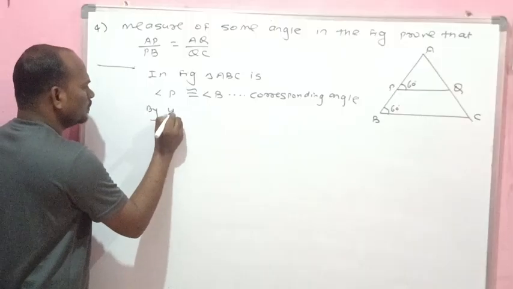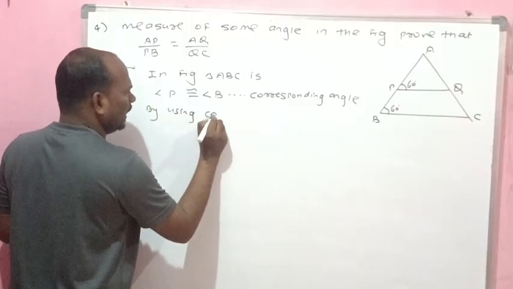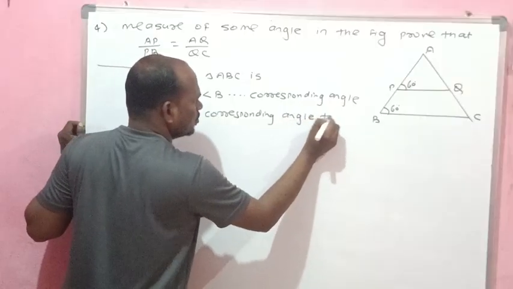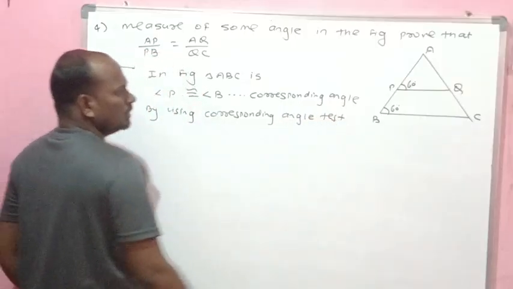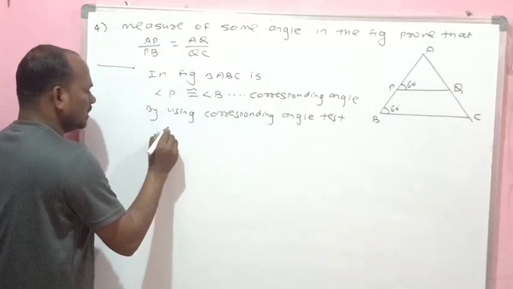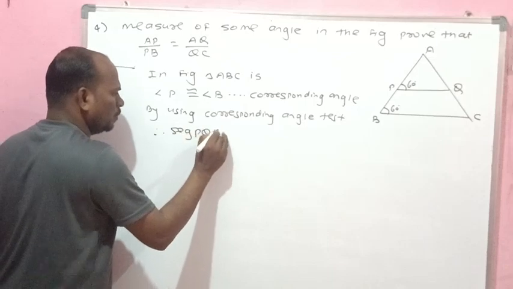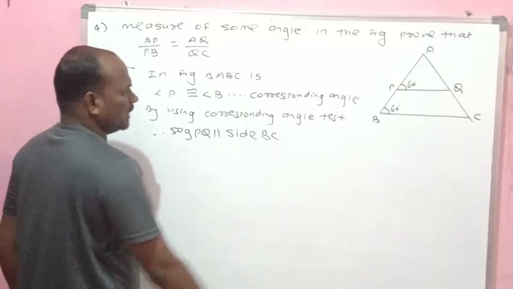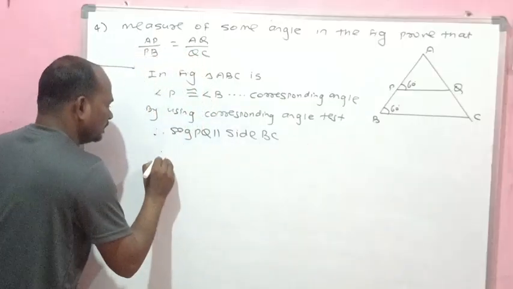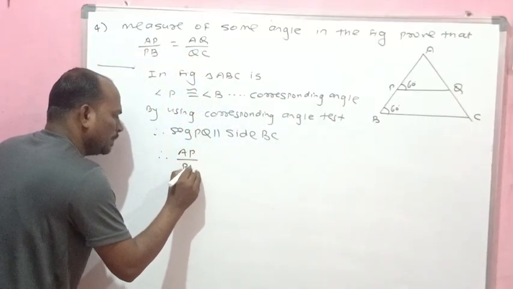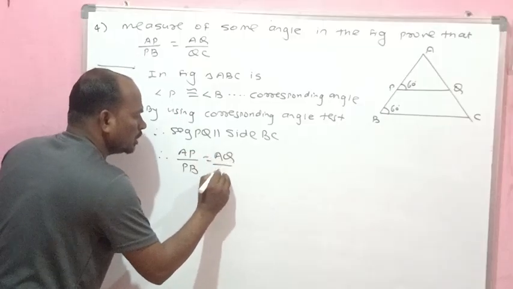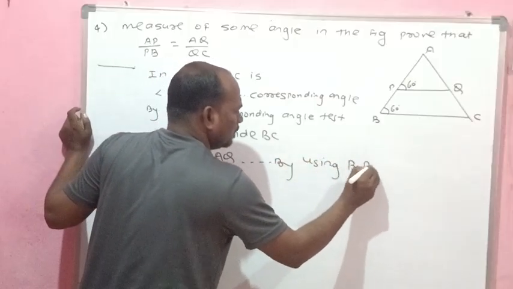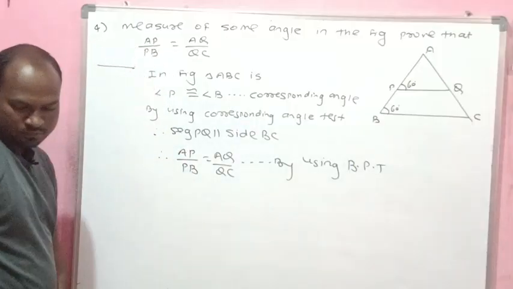Now by using corresponding angle test, the line PQ parallel to BC, therefore sec PQ parallel to side BC. Now by using basic proportionality theorem, AP divided by PB is equal to AQ divided by QC, that is by using basic proportionality theorem, this can prove.